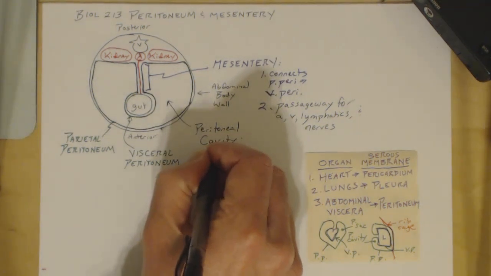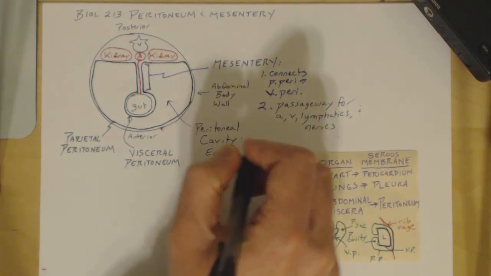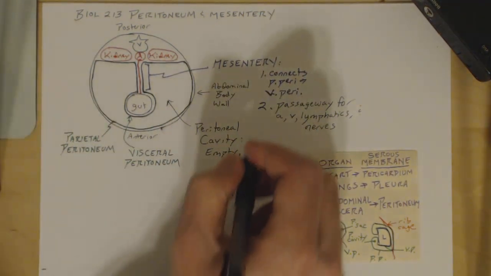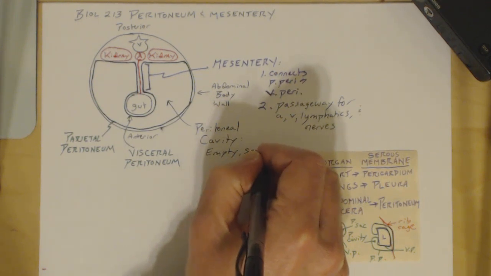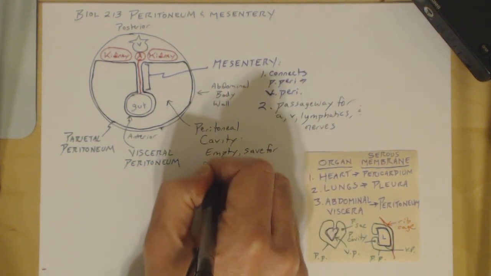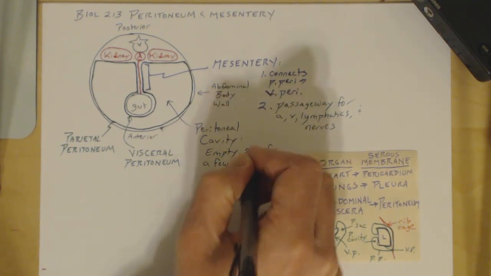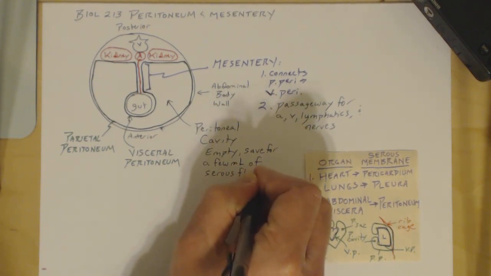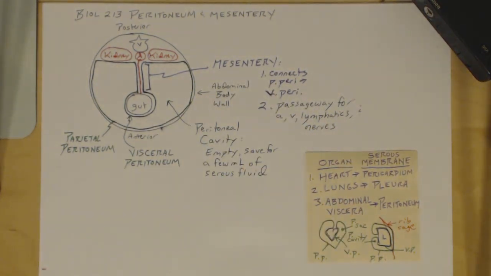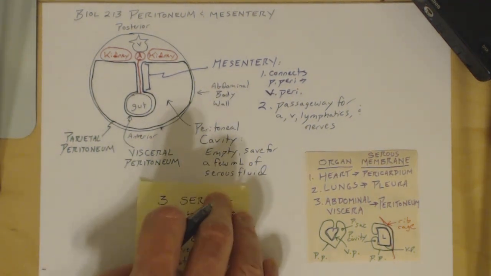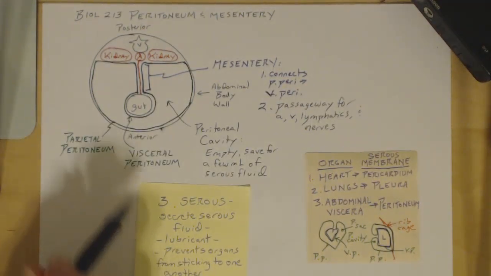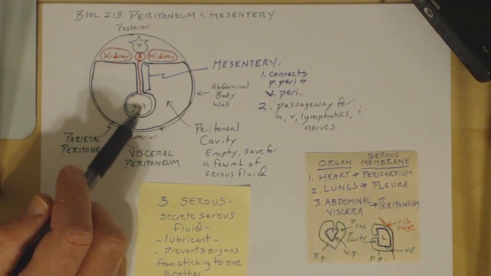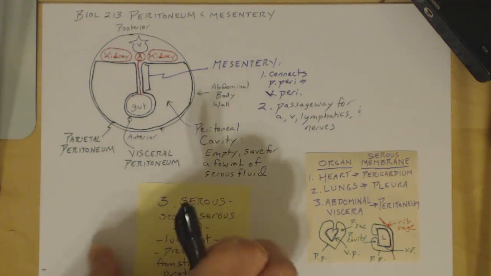It is empty, except for a few milliliters of serous fluid. And again, that serous fluid acts as a lubricant to prevent organs from sticking to one another. It keeps your gut from sticking to your body wall, and it keeps your gut from sticking to other parts of your gut.